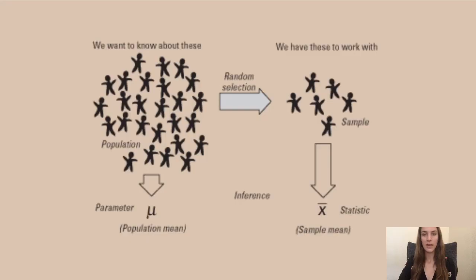And you'll notice that we have some different symbols down there at the bottom. We have what's called a mu, here underneath the population. A mu is a population mean, versus an x bar, which is the sample mean. Notice that the x bar says statistic. We get statistics from samples.